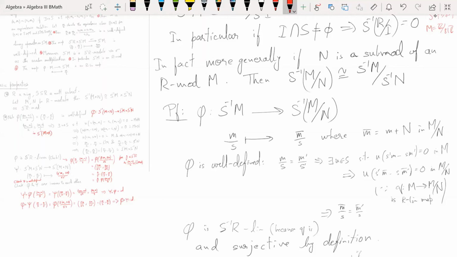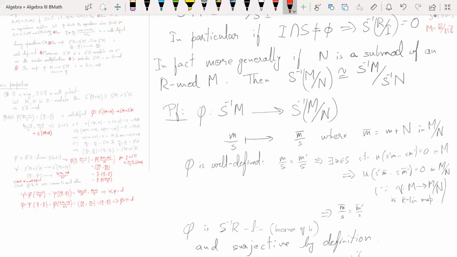We will use the first isomorphism theorem: we give a map phi from S inverse M to S inverse M mod N, and show that the kernel of phi is isomorphic to S inverse N.